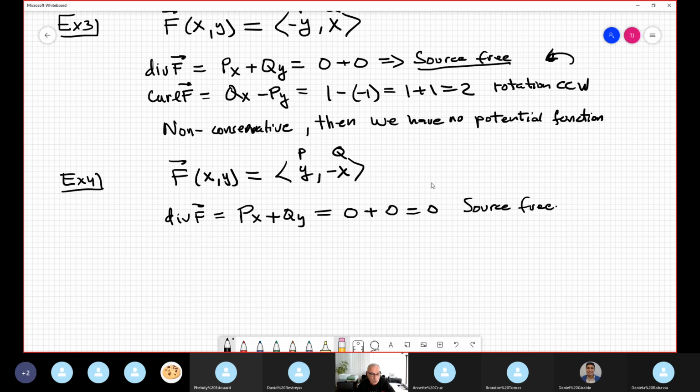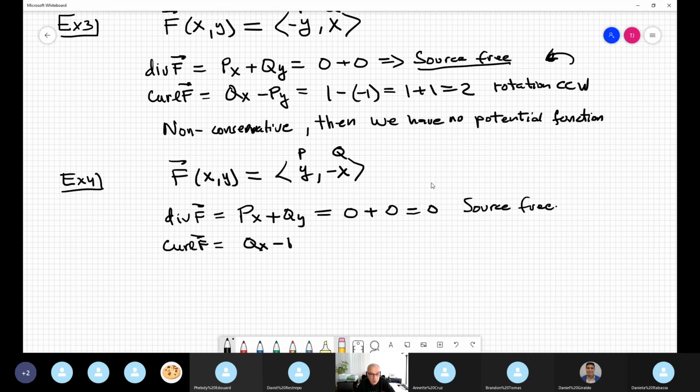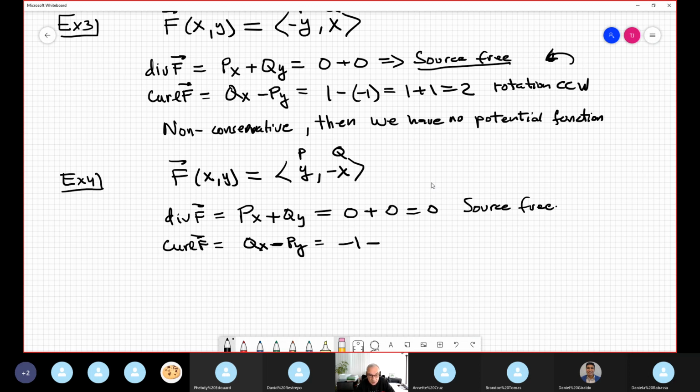However, let's see what happened with the curl. The curl operator is Qx minus Py. The partial derivative of Q with respect to x is -1, minus, subtraction, the partial derivative of P with respect to y, which is 1, so -2. The rotation of this vector field is clockwise, like that.